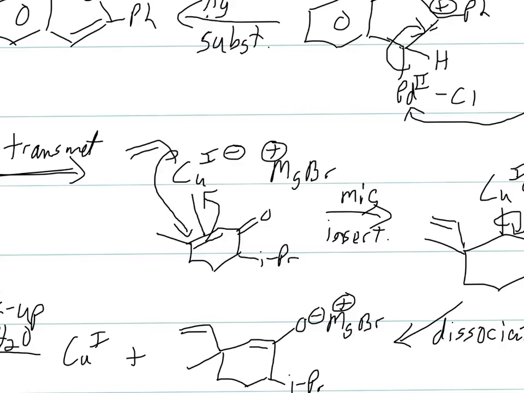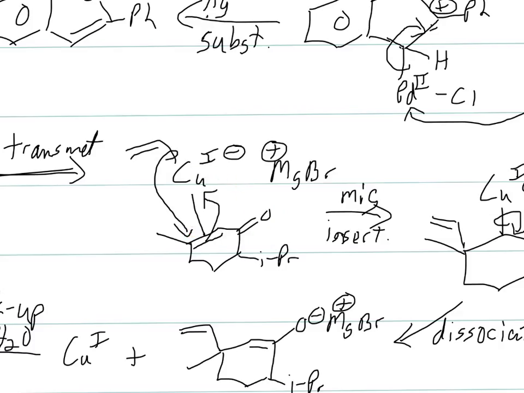Copper likes to add in a Michael addition to alpha beta unsaturated carbonyls. A lot of times it will sometimes form a 6-member ring transition state where you could say there's 1, 2, 3, 4, 5, 6. The copper kind of coordinates to the carbonyl.